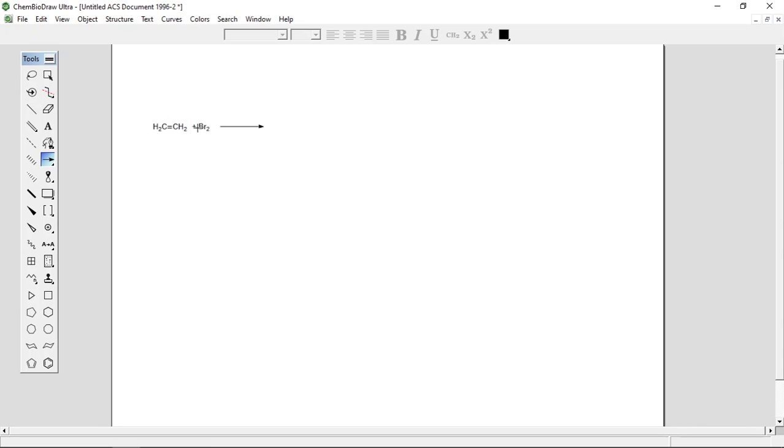So the double bond will attack one Br, and formation of a C-Br bond takes place, and one carbon loses its electron. So there is a positive charge on that carbon. Now another Br adds to that carbocation, and you will get 1,2-dibromoethane as a product.